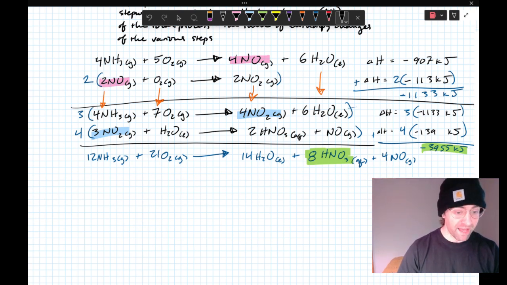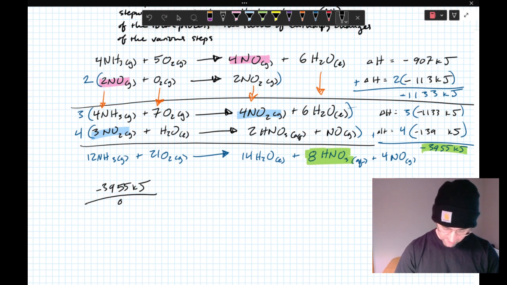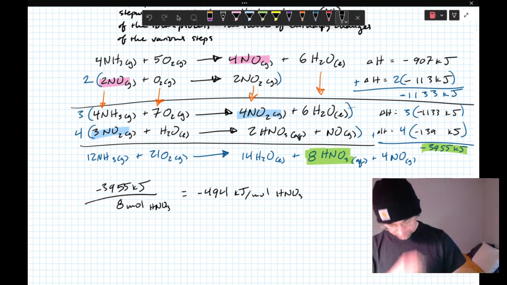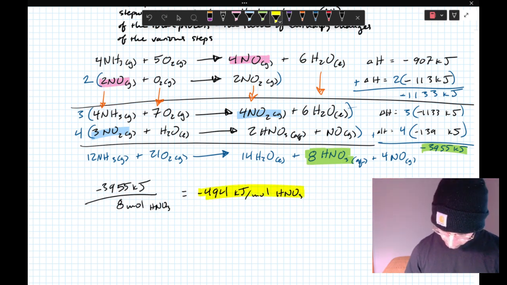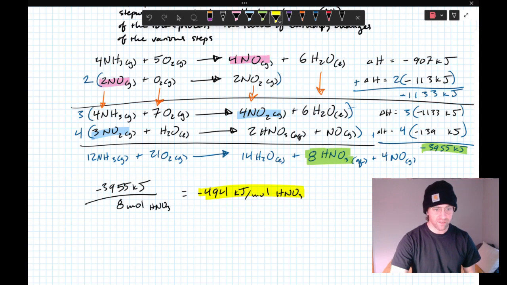And now we can simply run that equation to get the release per mole. And we should get a release of negative 494 kilojoules per mole of nitric acid. And that is our final answer.